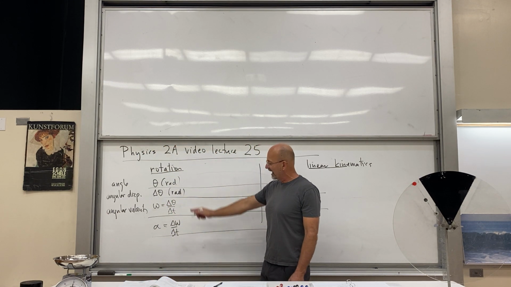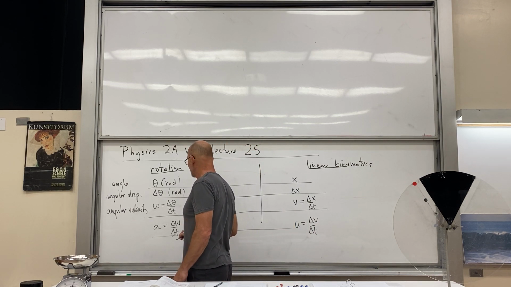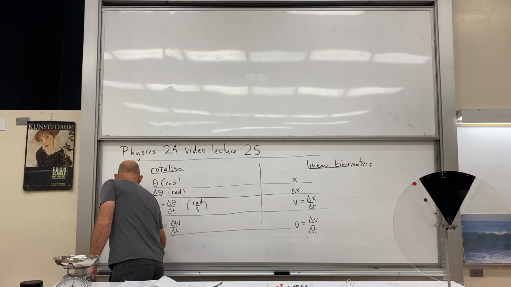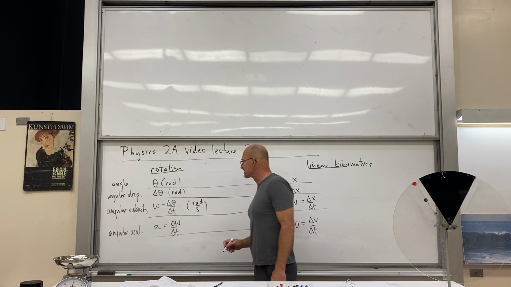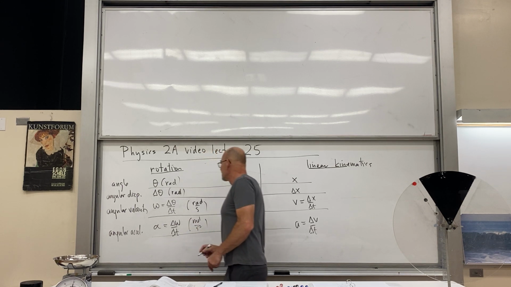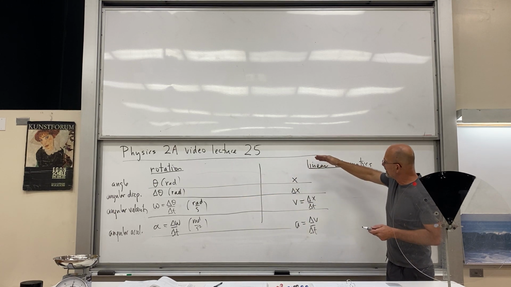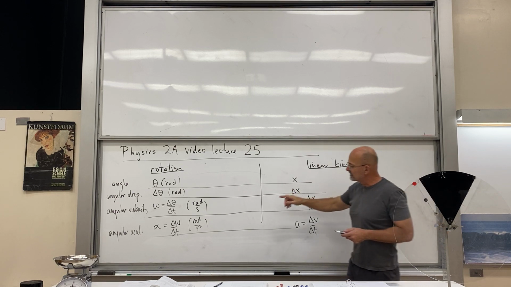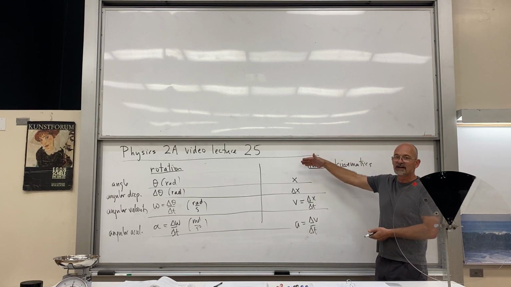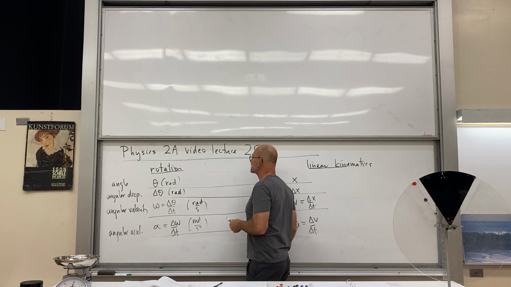It's not a W, it's an omega. And this was in radians per second. And then we had angular acceleration, and this is in radians per second squared. So the way these concepts are constructed is the same as they were constructed here in linear kinematics. And when we get to constant acceleration, then we have the constant acceleration rotational kinematics. Okay, so that's going to come on the next board.